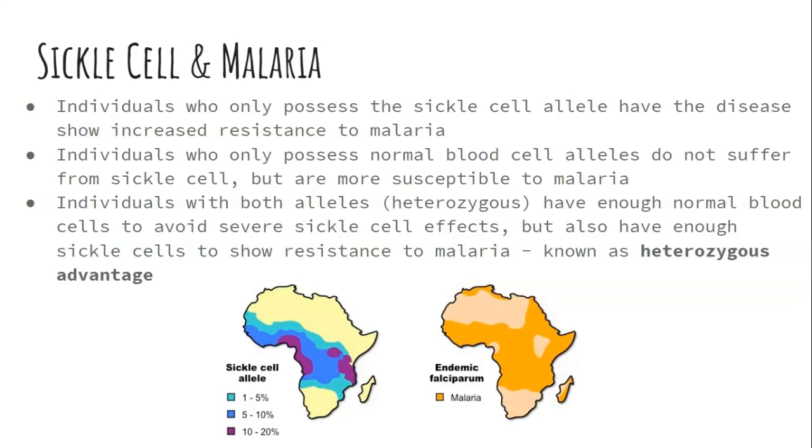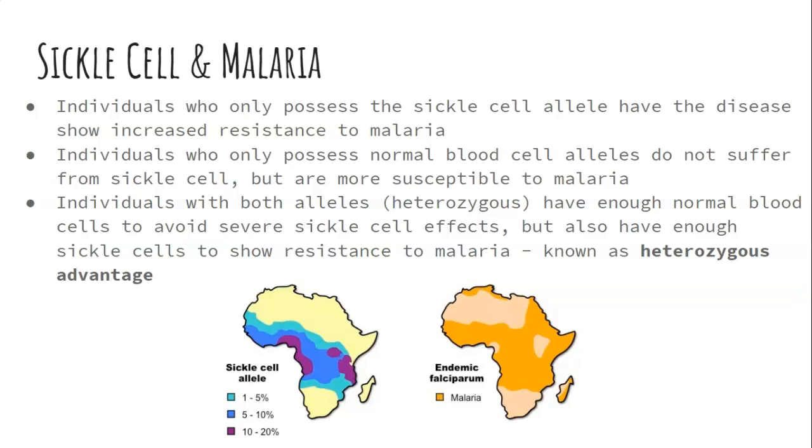But individuals with both alleles, right, you're heterozygous, so you have one sickle cell allele and one normal blood cell allele, you have enough normal blood cells to avoid the really bad side effects of sickle cell, and enough sickle cells to show resistance to malaria. So it's like making the best out of a bad situation. You don't have the full effects of sickle cell and you can fight off malaria.